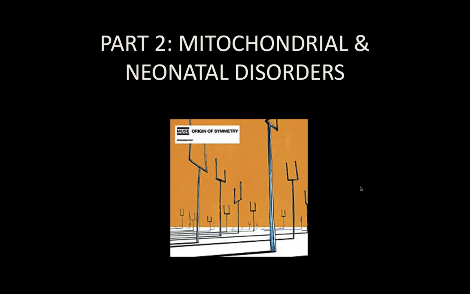And I want to start this second part, which will be dedicated to mitochondrial and neonatal disorders, with this amazing album by Muse called Origin of Symmetry. And why is it so important?